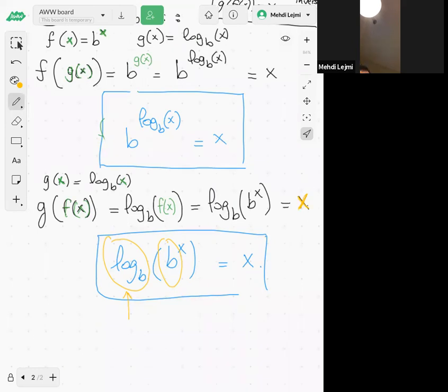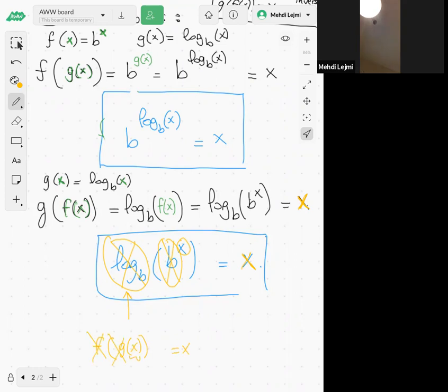So this log here and this exponential, they cancel out, and you end up with this x here. That's what I mean by the inverse. F of g of x is equal to x. This is like saying f and g cancel out, and you are left with x.